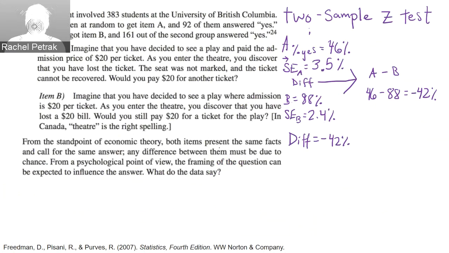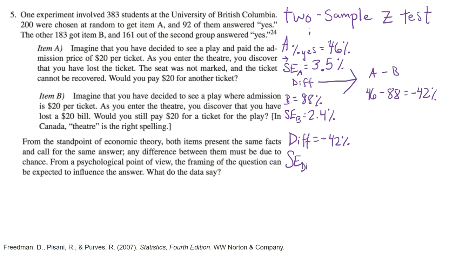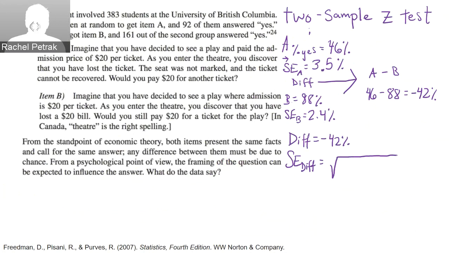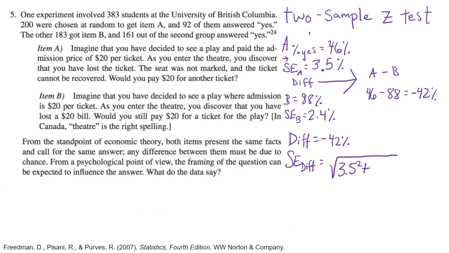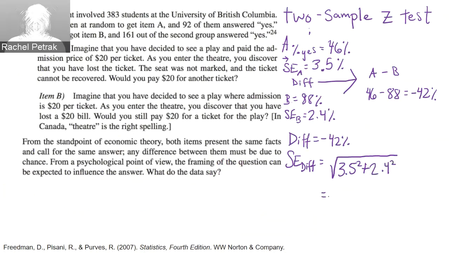The standard error of the difference is, remember, we have to use the square root of our values here. So we have 3.5% squared plus 2.4% squared, which gives us a standard error difference of 4.2%.